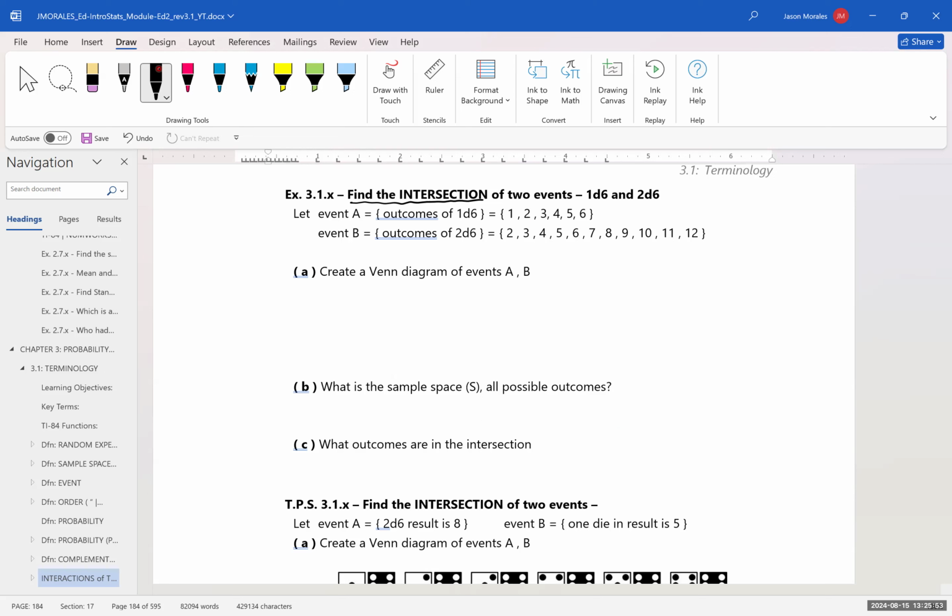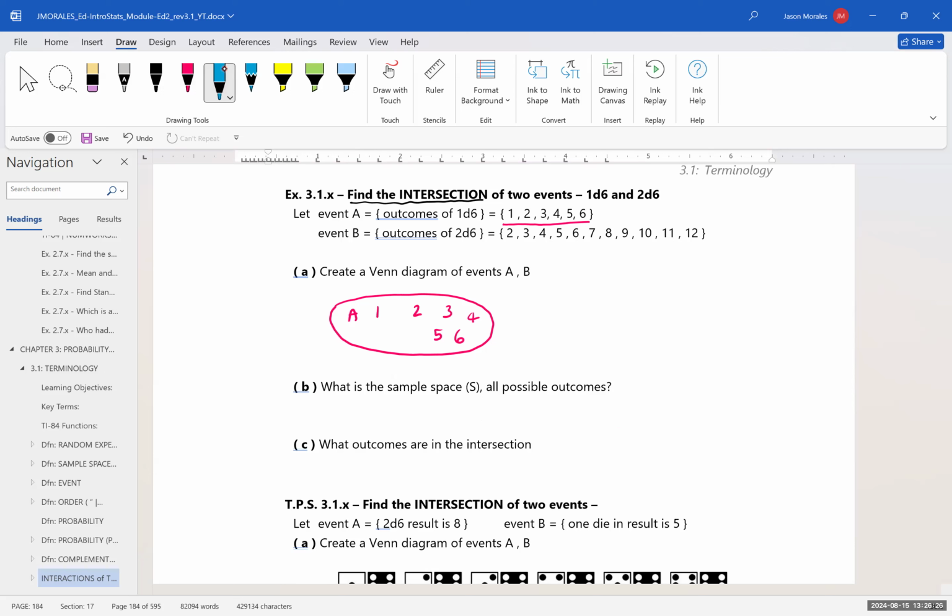Let's create a Venn diagram of these two events. Event A is going to have 1, 2, 3, 4, 5, and 6 in it, and let me go ahead and circle that like this.